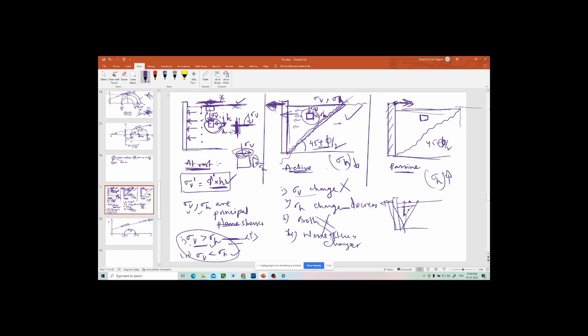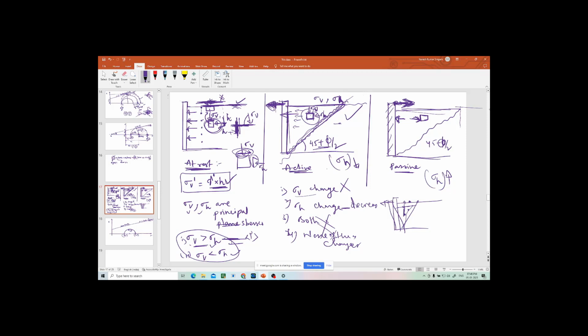Now you are pressurizing the soil in this direction. When you are pressurizing, there will be more pressure on this element, and because of that the wall will get more pressure from the soil. You're getting the point?